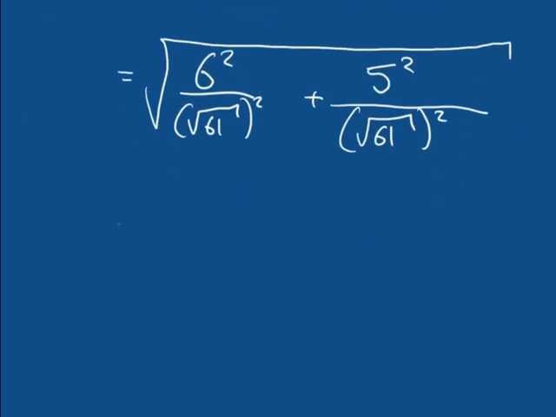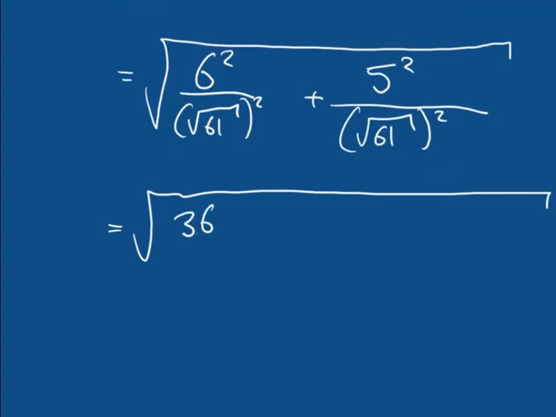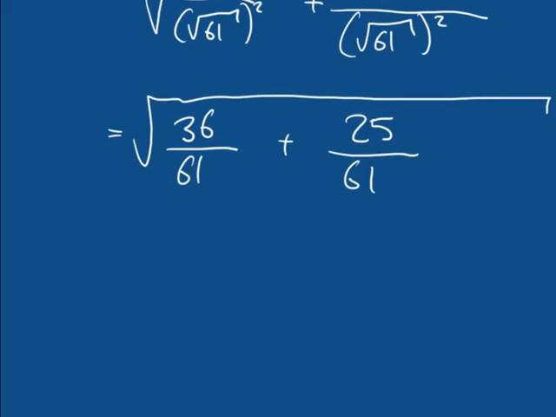So this is equal to the square root of 36 over, well, the square root of 61 then squared. They're going to cancel, so it's going to give us 61, plus 25 over 61.